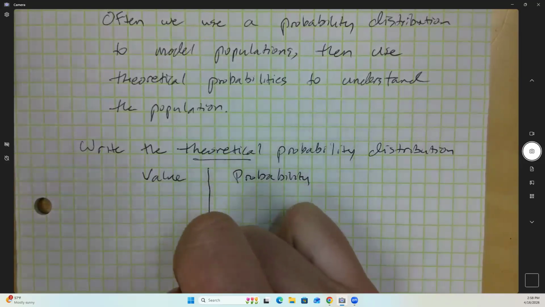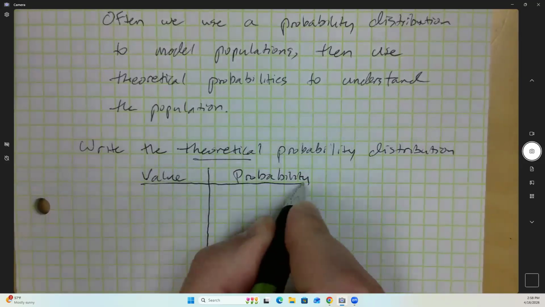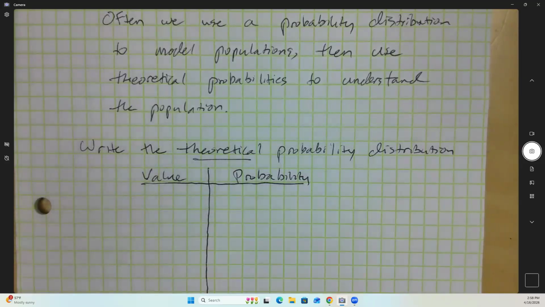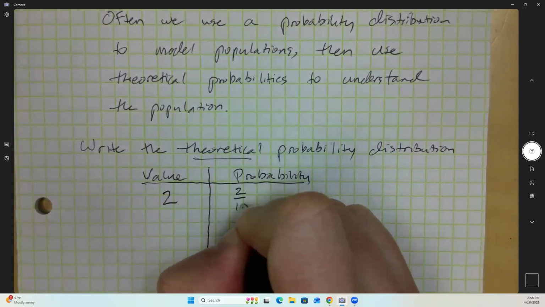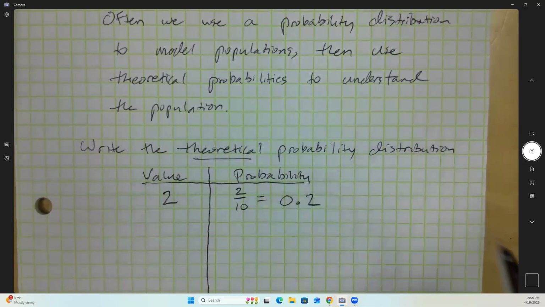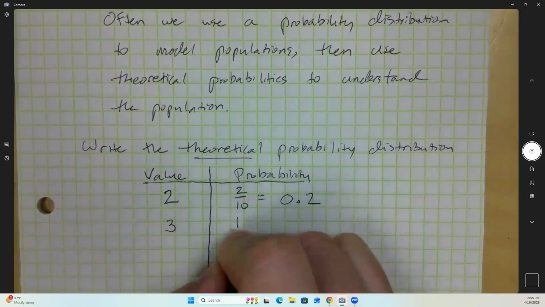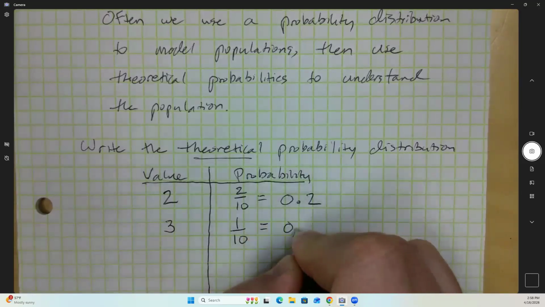Remember, there were 10 cards. So a face value of 2, there were 2 out of 10 of them, or 0.2. A face value of 3, there was only 1 out of 10, or 0.1.